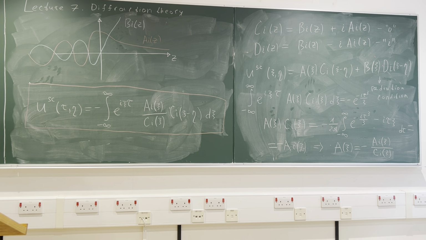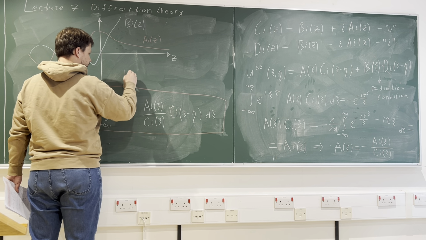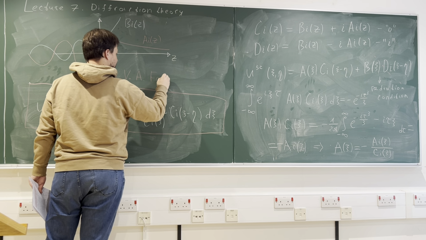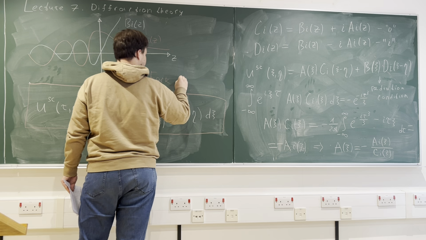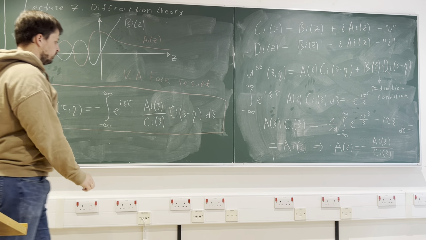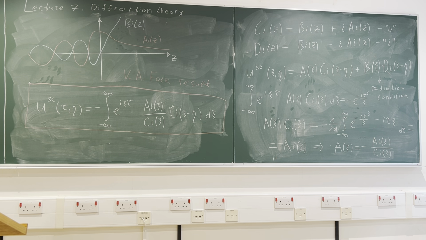This is the V.A. Fock result. Which is quite nice, simple looking, but this thing has a lot of structure. So if you try to study it asymptotically, it actually won't be a simple study.